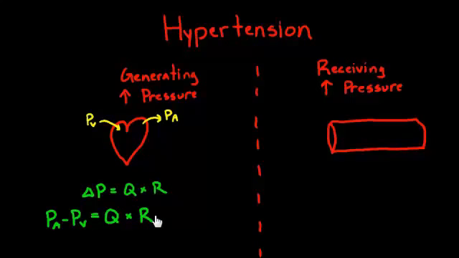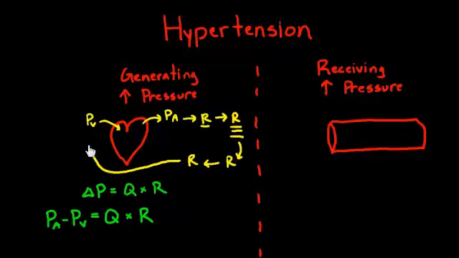And specifically, let me actually draw out some of this resistance. You have, of course, resistance once it gets into the arteries, and so you've got some R resistance there, and then you've got more resistance once you get into the arterioles. And I'm going to triple underline that one because there's lots of resistance in the arterioles. Then you've got resistance in the capillaries, and resistance in the veins, and then the blood returning into the venous side.